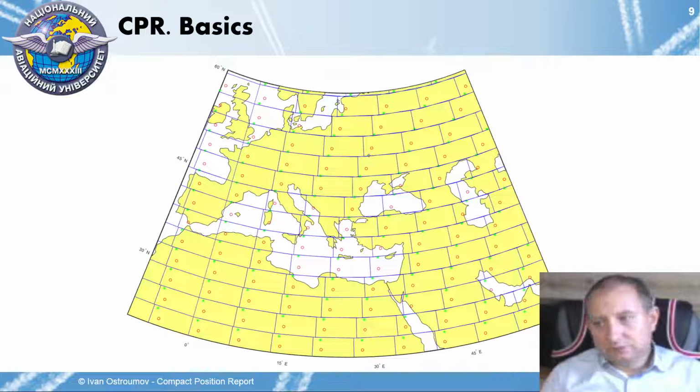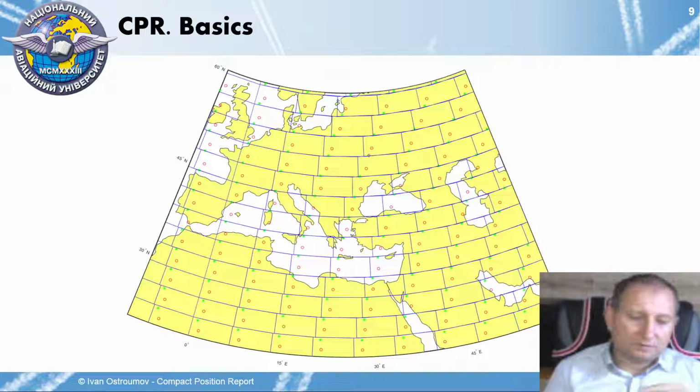That's why, even if we don't have our previous coordinates, we can obtain our coordinates based on two types of scaling in CPR. And it means that each time we need to transmit data in a different scale.